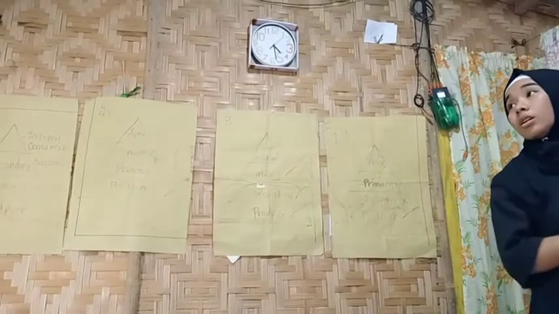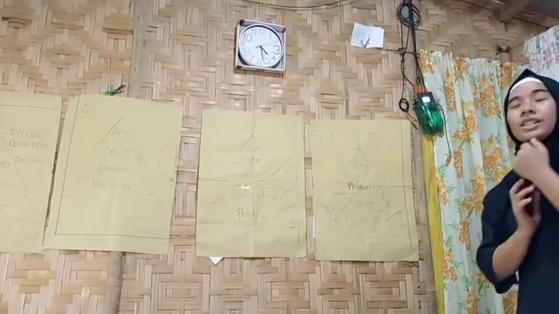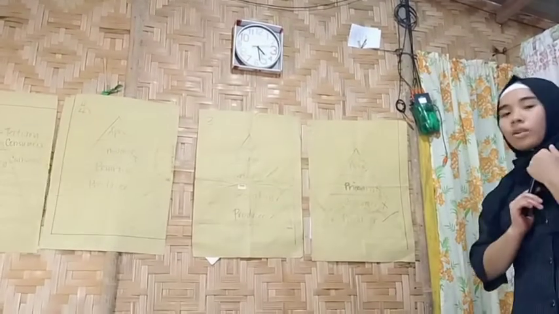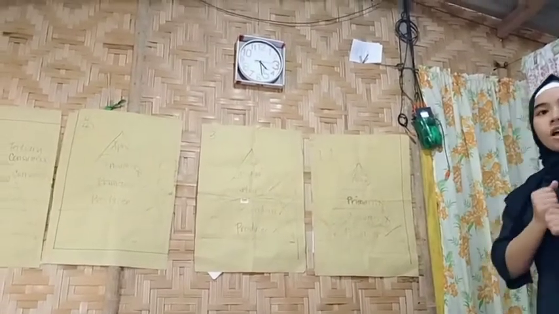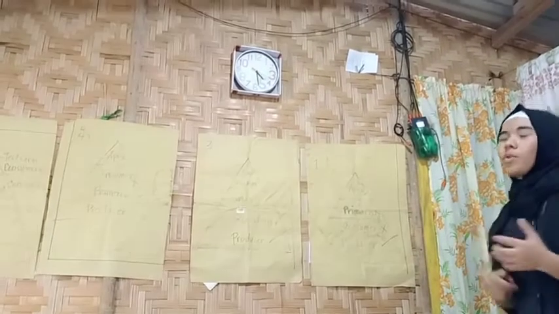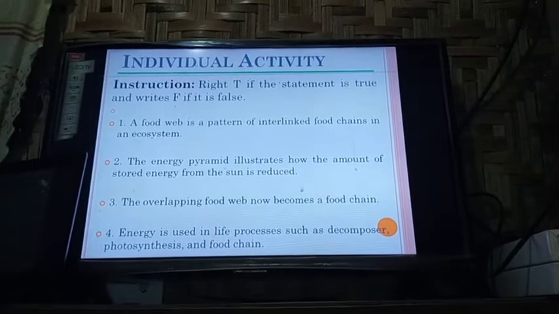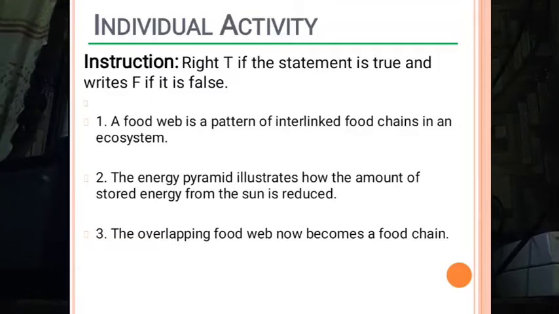So, prepare 1/4 sheet of paper for this activity. Okay, sit properly guys and listen carefully because I will only read the question twice. So here's your instruction for your activity.